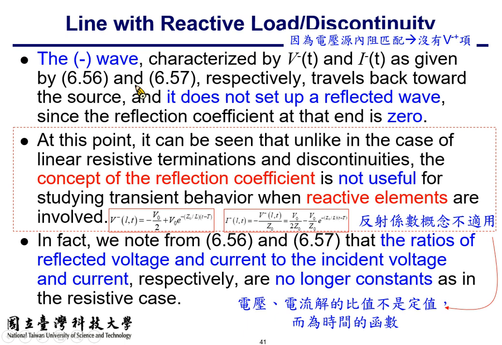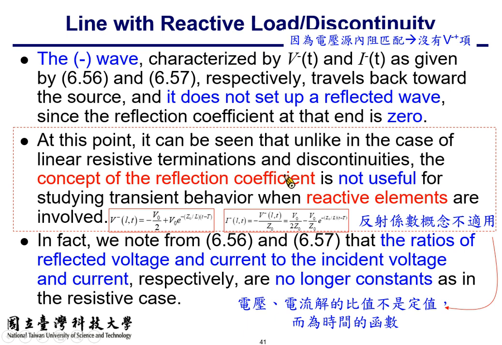So because of this matched impedance condition, they will set up no further reflections. Okay? So we don't have to calculate the V minus plus signal as we have done before, because there is no further reflection on the left-hand side.